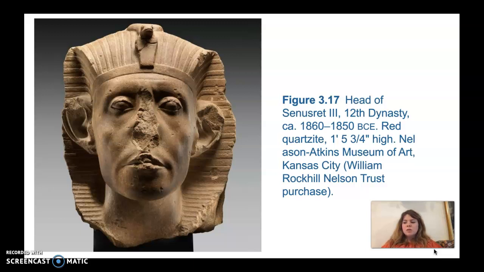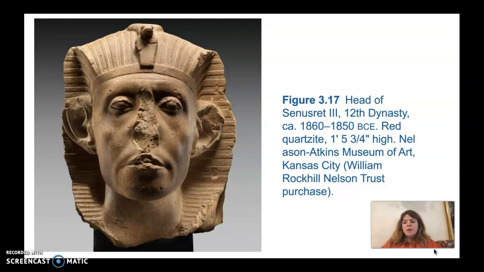This is the portrait of Senseret III, and it's definitely a departure from the norm of the Old Kingdom. It represents a sharp break from the old conventions. There's a lot of realism in the rendition of the king's features, which is unusual.